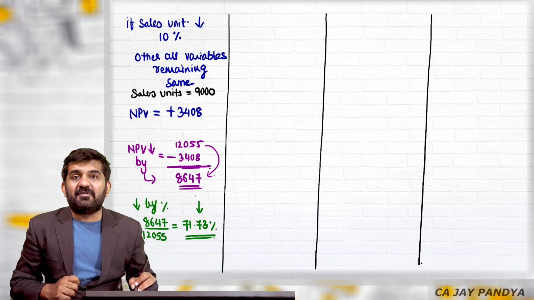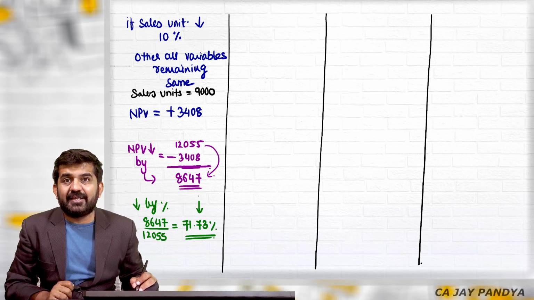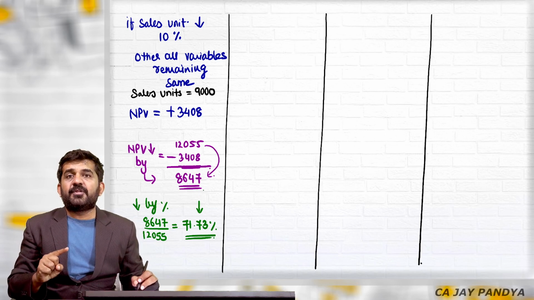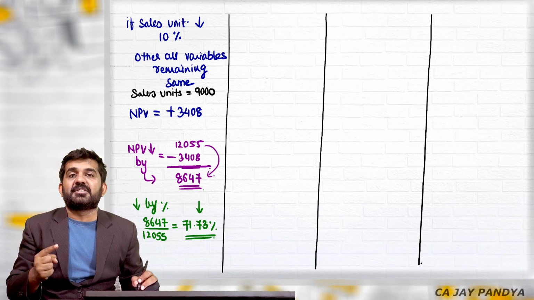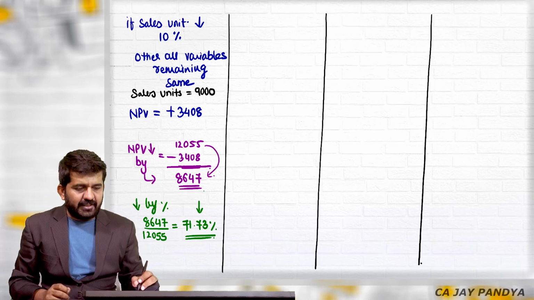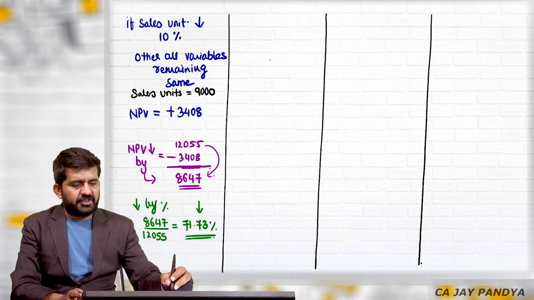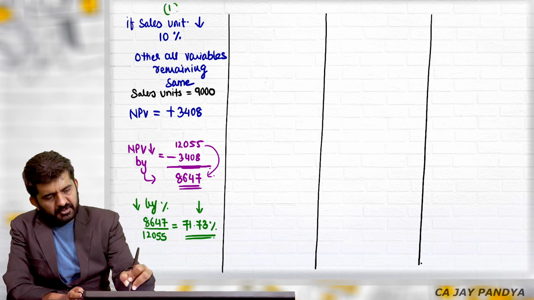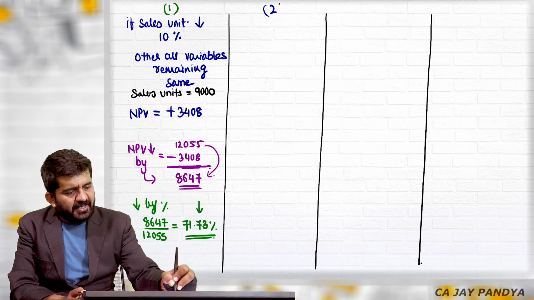The NPV will decrease by 71.73% if the sales unit decreases by 10%. Let me take another situation. This is number one. Let me take number two.